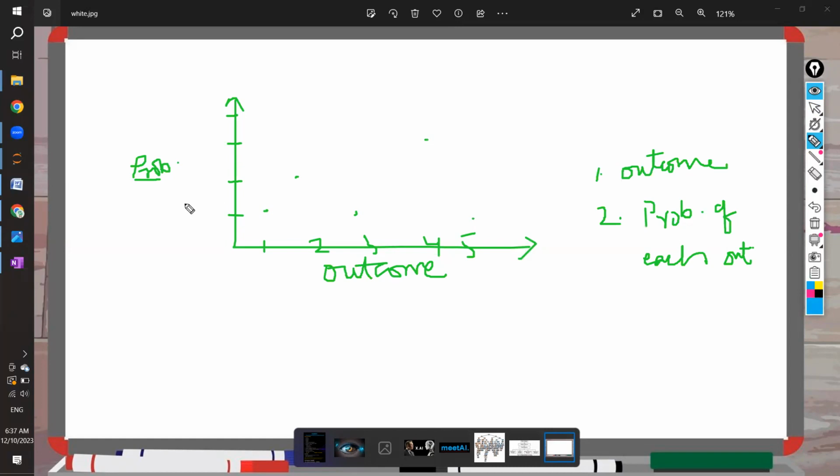Now when you join these, it will become the distribution of some event. Usually probability distributions are drawn against two things, outcome and probability.